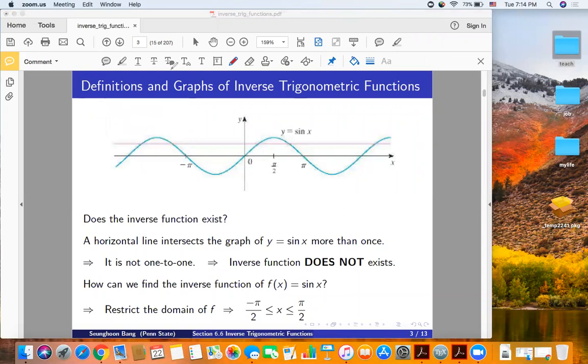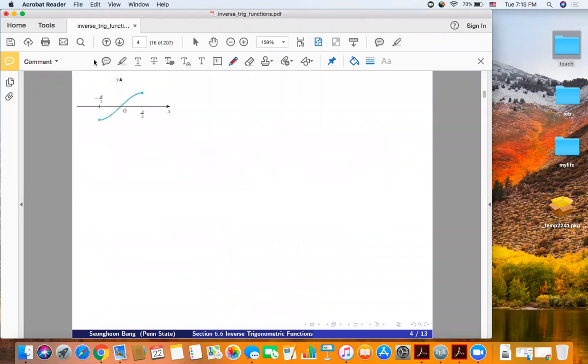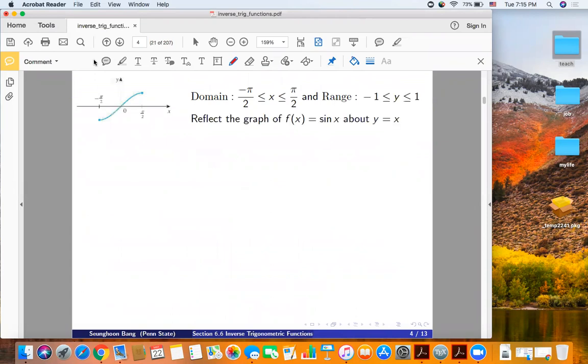This function is y equals sine of x, where x is between minus pi over 2 and pi over 2. This is the domain. The range is minus 1 to 1. Reflect the graph of sine of x about y equals x, and we have the graph of the inverse function.